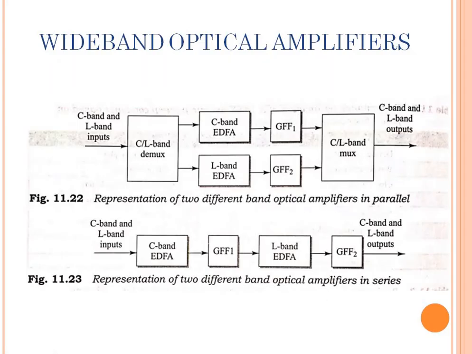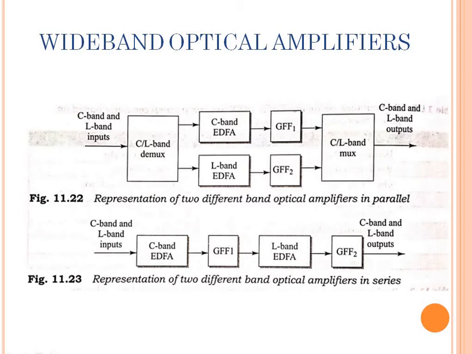Finally, wideband optical amplifiers. The growing demand for more bandwidth created an interest in developing wideband optical amplifiers that operate over several wavelength bands to handle a large number of WDM channels simultaneously.